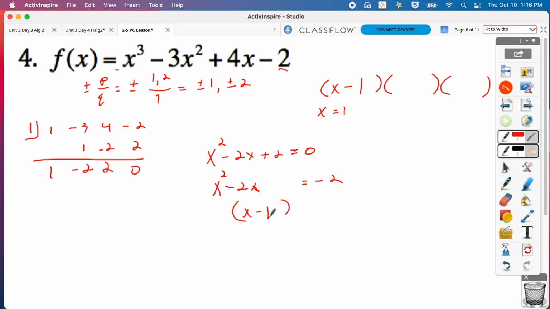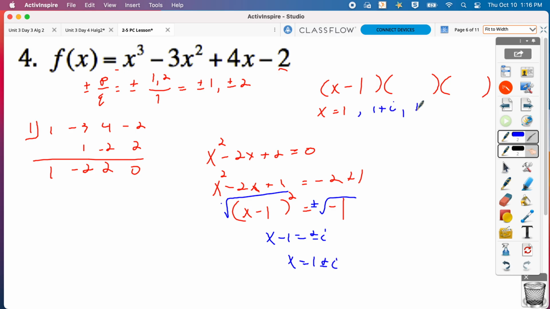x minus 1 squared plus 1 plus 1 equals -1. Take the square root, plus or minus. x minus 1 equals plus or minus i. x equals 1 plus or minus i. So my other solutions, just so I can see it better, 1 plus i, 1 minus i.